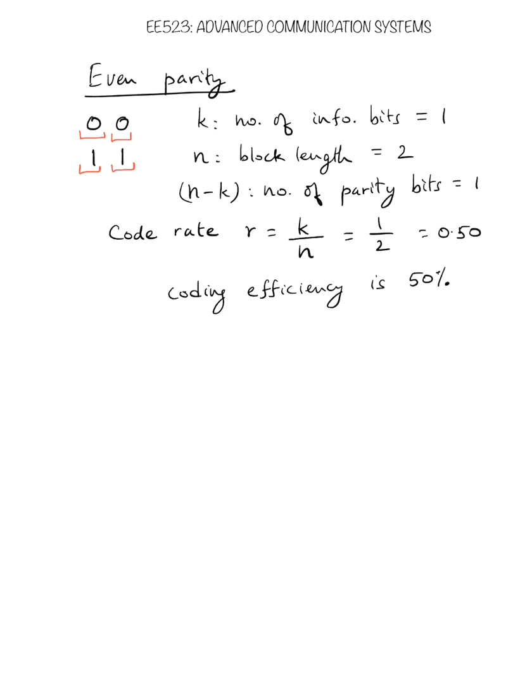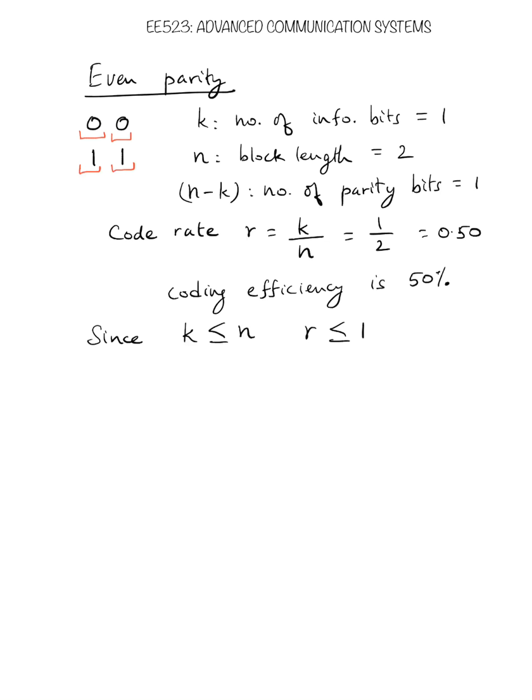Whenever we design any coding technique, the objective is to have the code rate as close as possible to 1. For any coding scheme, the number of information bits k is going to be less than or equal to n. That means the code rate R is going to be less than or equal to 1. When we design a coding scheme, our objective would be to have the code rate as close as possible to 1. That means we have a coding efficiency close to 100%.